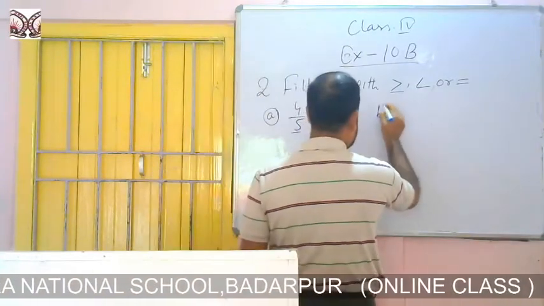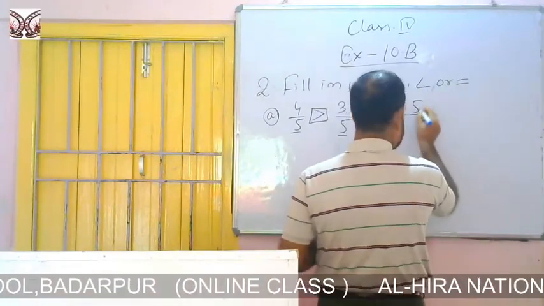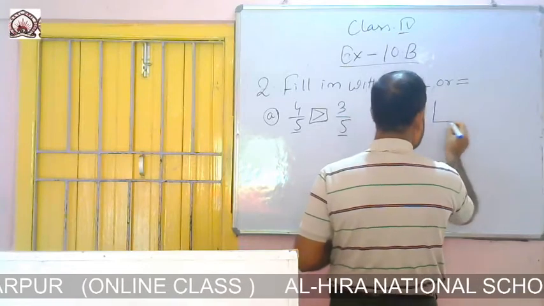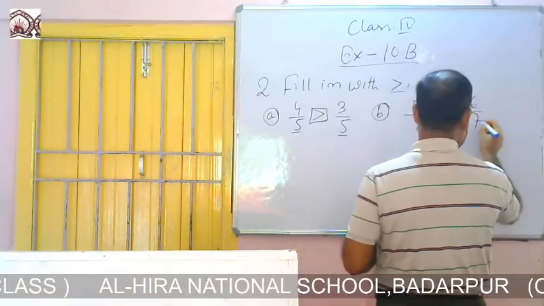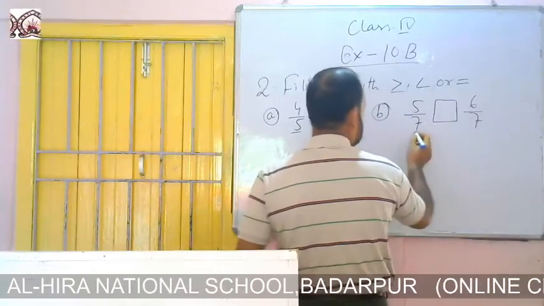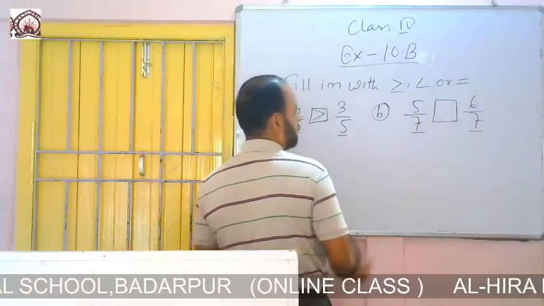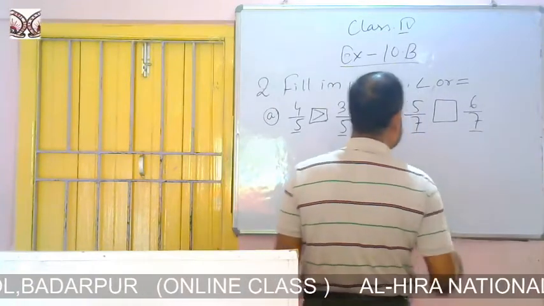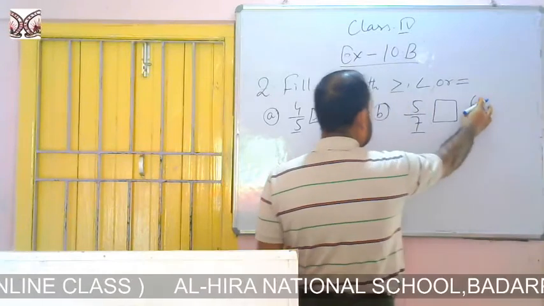Question number B, 5 by 7 and 6 by 7. See here also the denominators are the same. So now we compare the numerators.